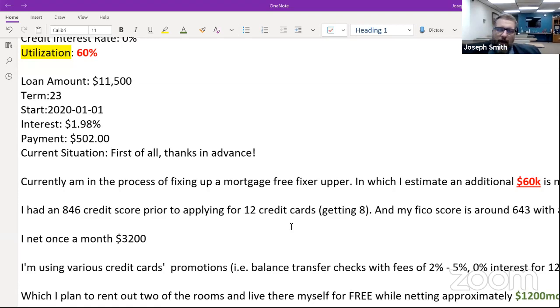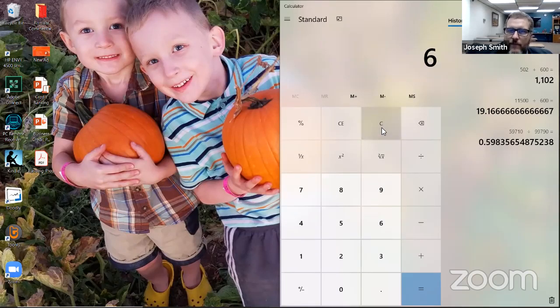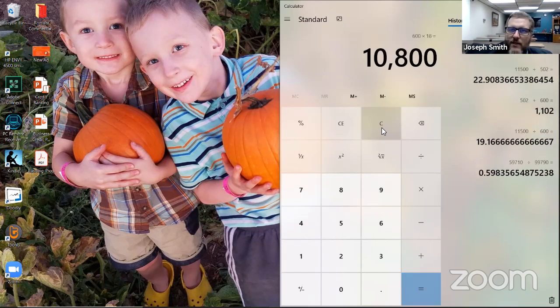So in the same amount of time, in 18 months, what could we do? Let's look at our credit card here. Clear the screen: $600 in cash flow times 18. So we're basically talking about where's the best place to put $10,800 of cash flow, paying down debts.